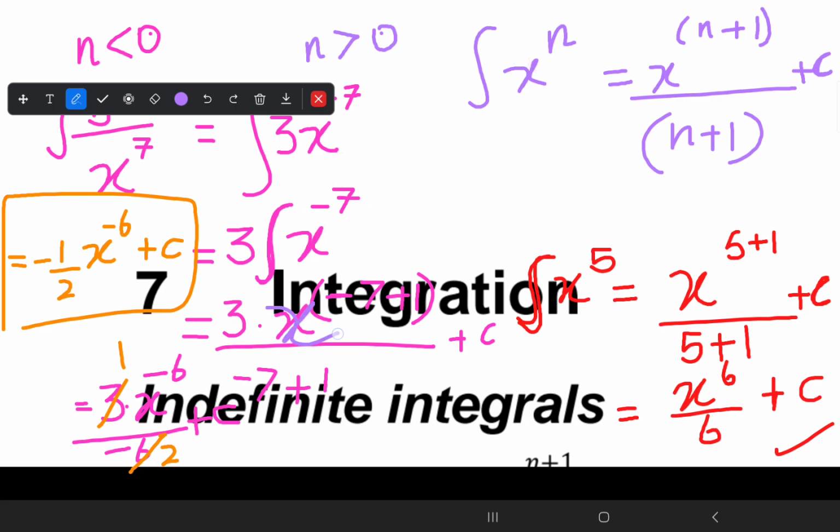So it will become x to the power of negative 7 plus 1 upon negative 7 plus 1. So the x power becomes negative 6, and in the denominator also we have negative 6. Furthermore, we can simplify 3 and 6. So it will become negative half times x to the power of negative 6. That's all for our integration.